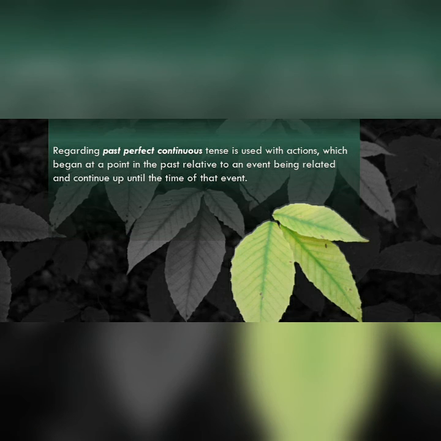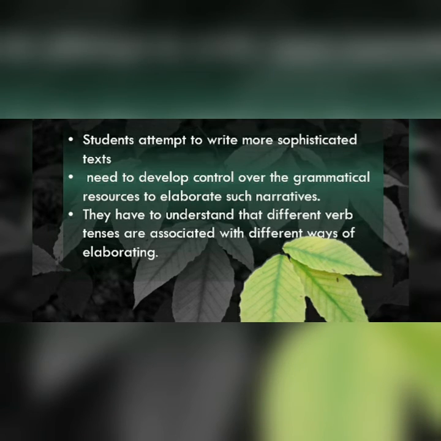It is possible to write a simple narrative using just action processes and simple past tense. And this is how students usually start to write. However, as they attempt to write more sophisticated text, they will need to develop control over the grammatical resources that enable them to elaborate such narrative.